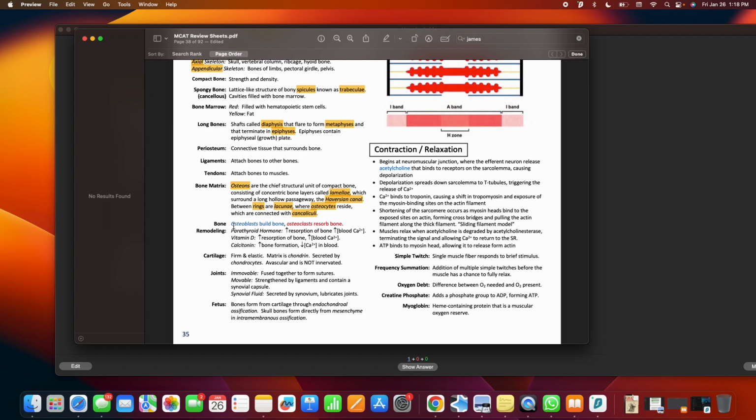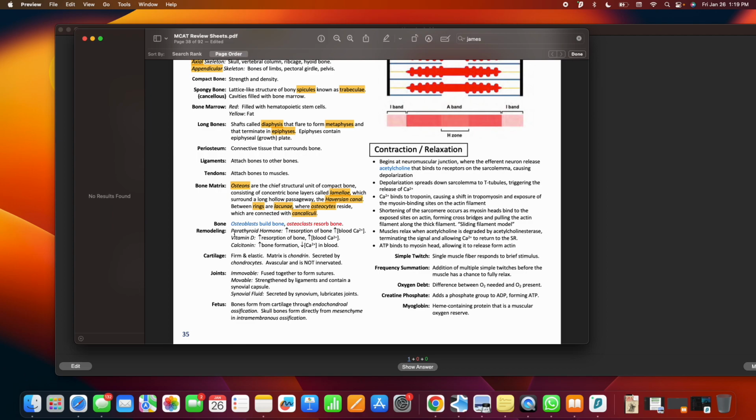So B builds bone and C crushes bone, right? These are for bone remodeling.